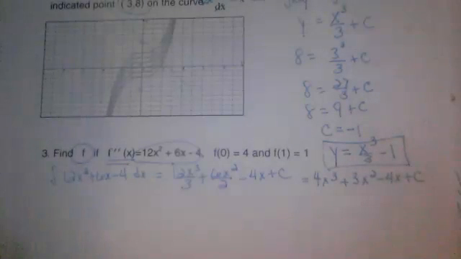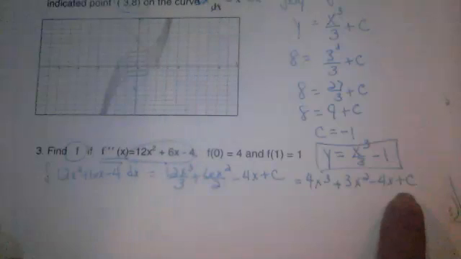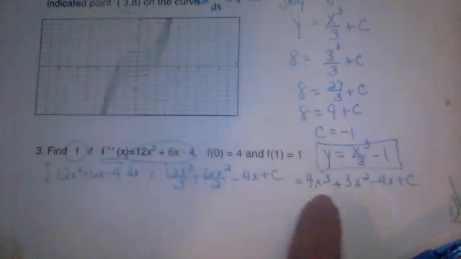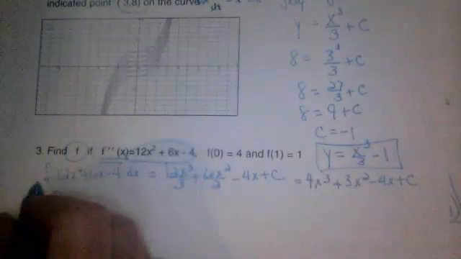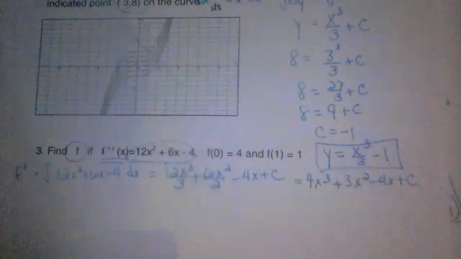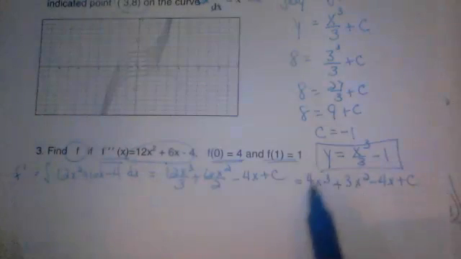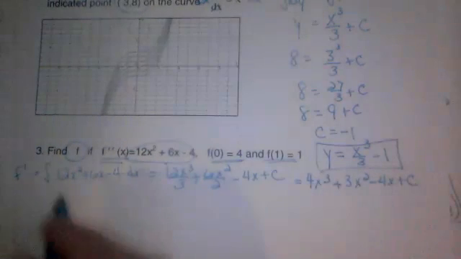Okay. Well, they didn't tell me anything about that. This function is our first derivative, right? We've gone back once, so this is going to be equivalent to f prime. But they didn't give me any particular information about f prime, so I'm going to have to just use this and go back one more time.